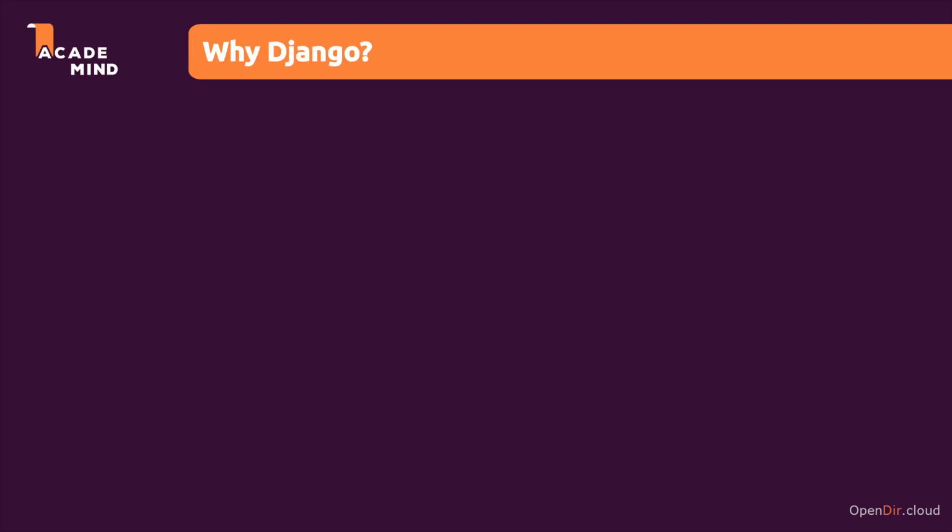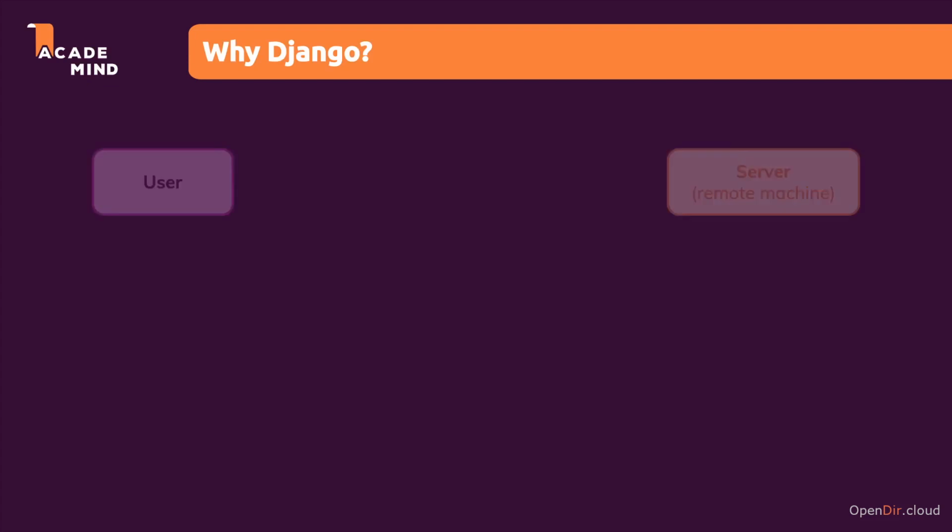So that's Django. Why would we use it? I mean, it has many features built in, but is that the main reason? Well, to really understand why we need a tool like Django, let's take a step back and let's look at how the internet works. We got users visiting websites, and we got servers that store the code for those websites.